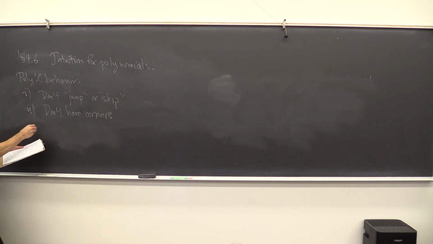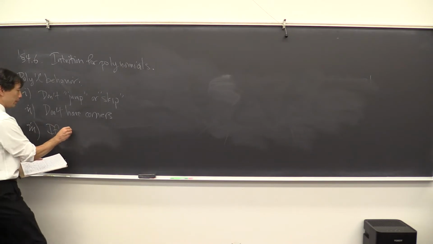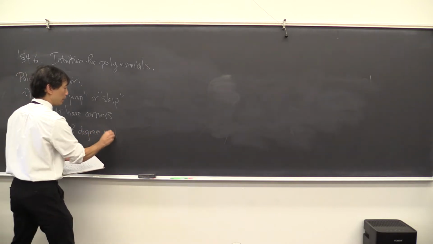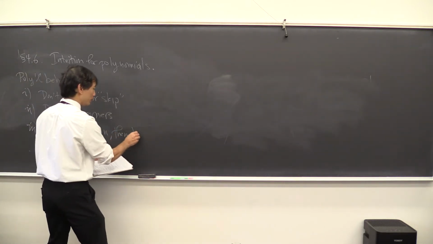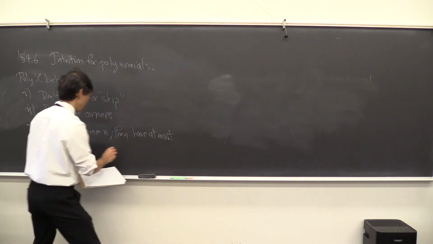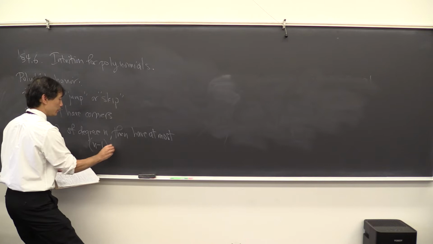If they're of degree n, then they have at most n minus 1 turning points.